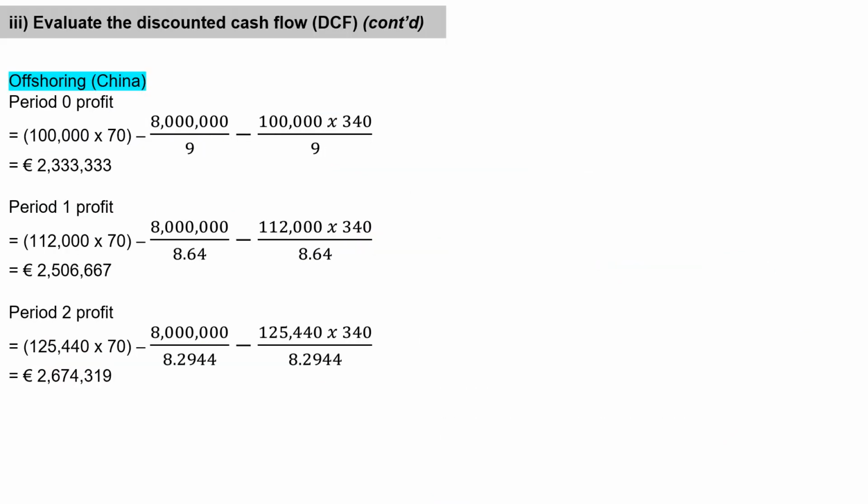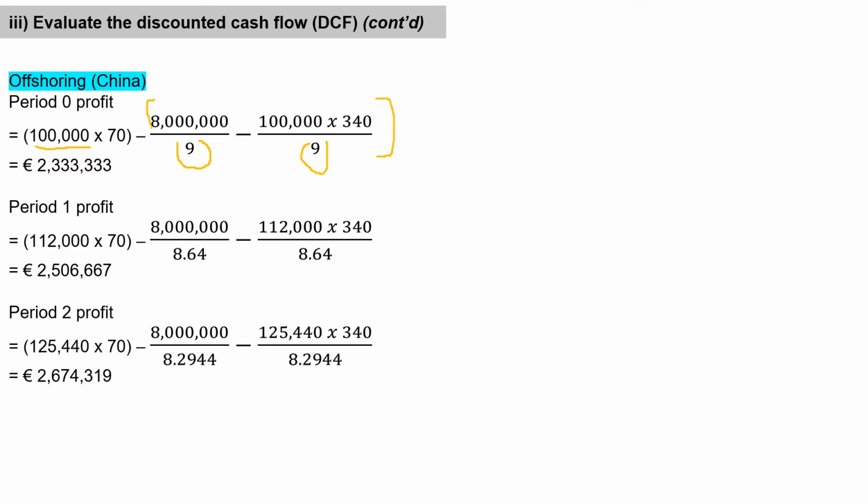And then for the offshoring in China, we also compute like before, the period 1 profit until the period 2 profit. The difference is we need to divide the cost by the exchange rate in each period.